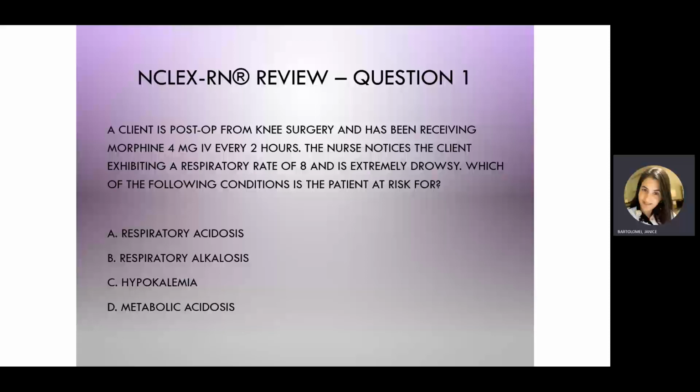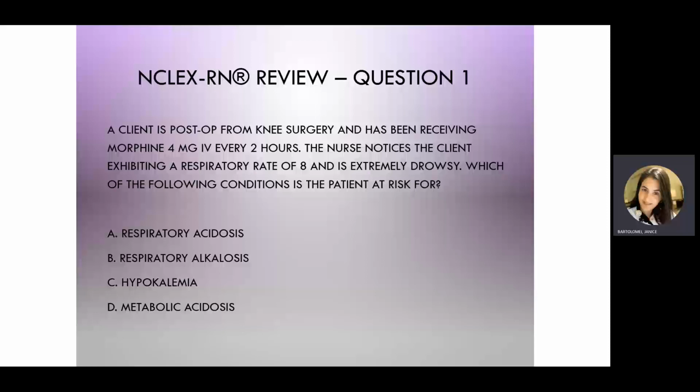You kind of have to read the scenario that they're giving you here. And also the respiratory rate is 8. So they're not breathing as fast as they should. So pretty much here we can expect that it's a respiratory issue and also that they are retaining CO2. In which condition do you think that it would be?